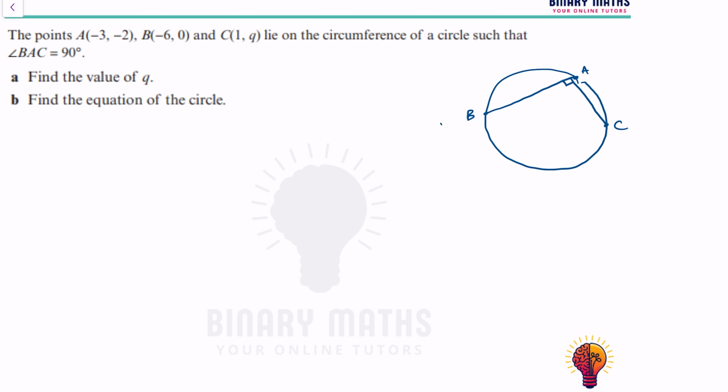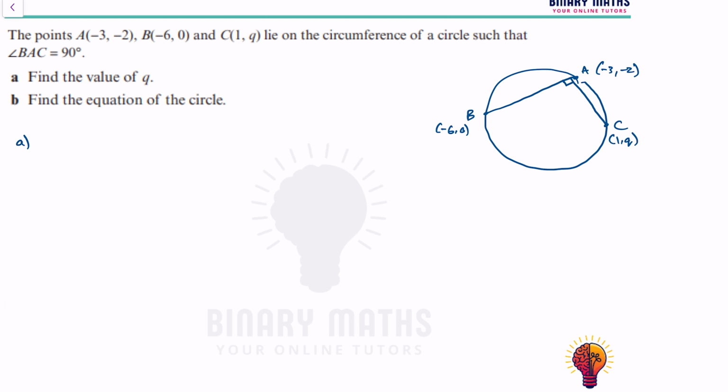Where B is equal to minus 6, 0, A is equal to negative 3, negative 2, and C is equal to 1, Q. Now, because angle BAC is equal to 90 degrees, we need to find the value of Q.